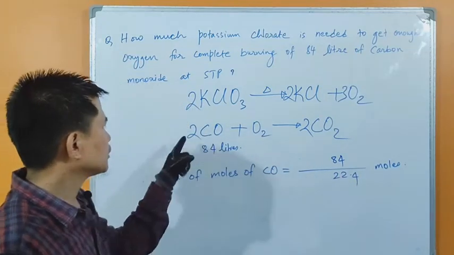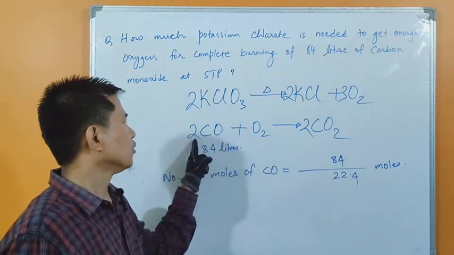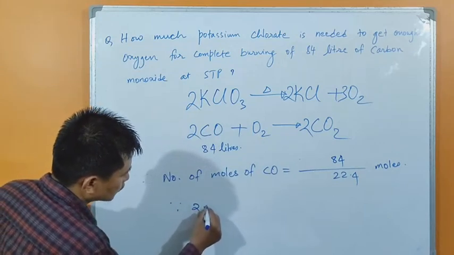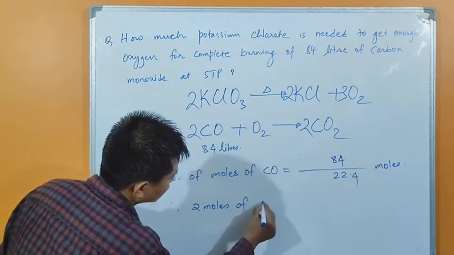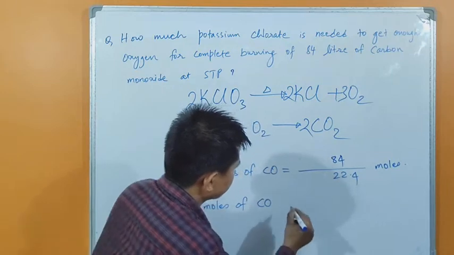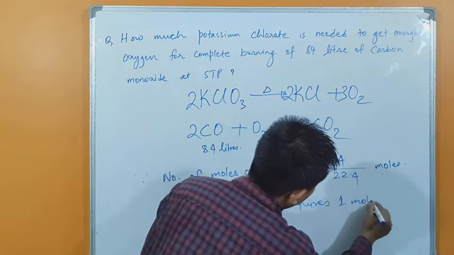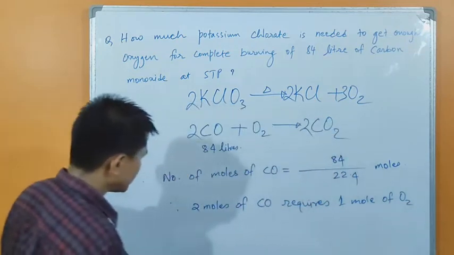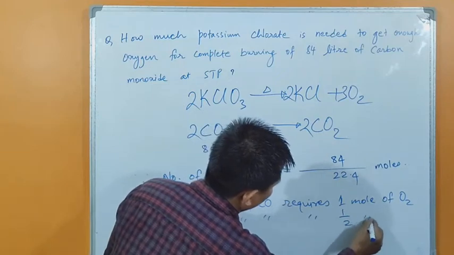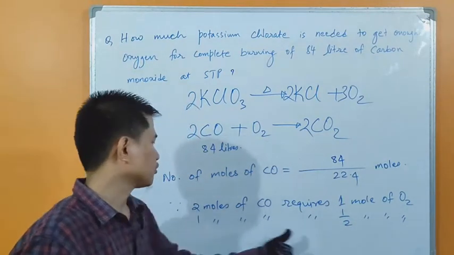Okay. Now, since 2 moles of carbon monoxide requires 1 mole of oxygen, isn't it? 2 moles of CO requires 1 mole of oxygen, that means 1 mole of carbon monoxide requires 1/2 mole of oxygen, by the unitary method.